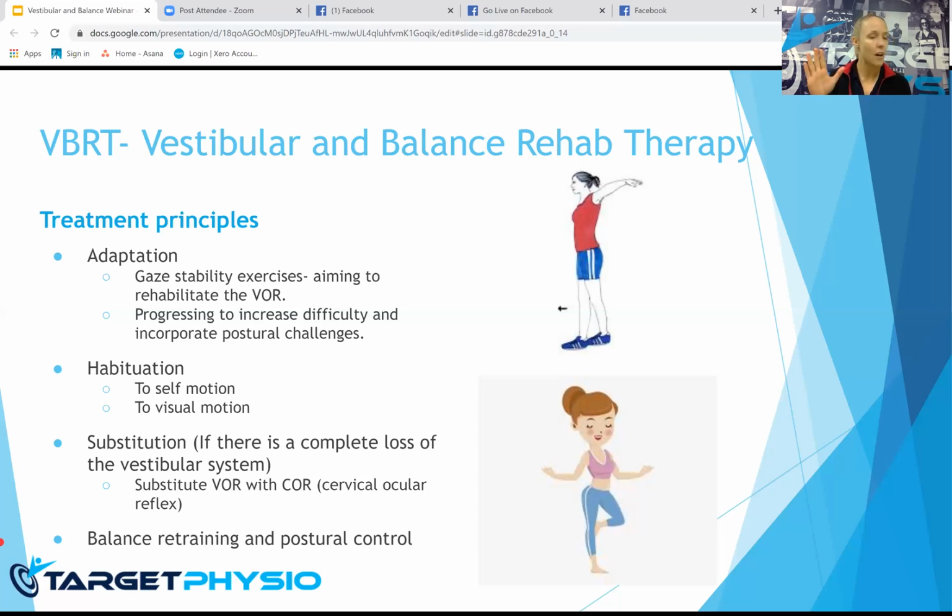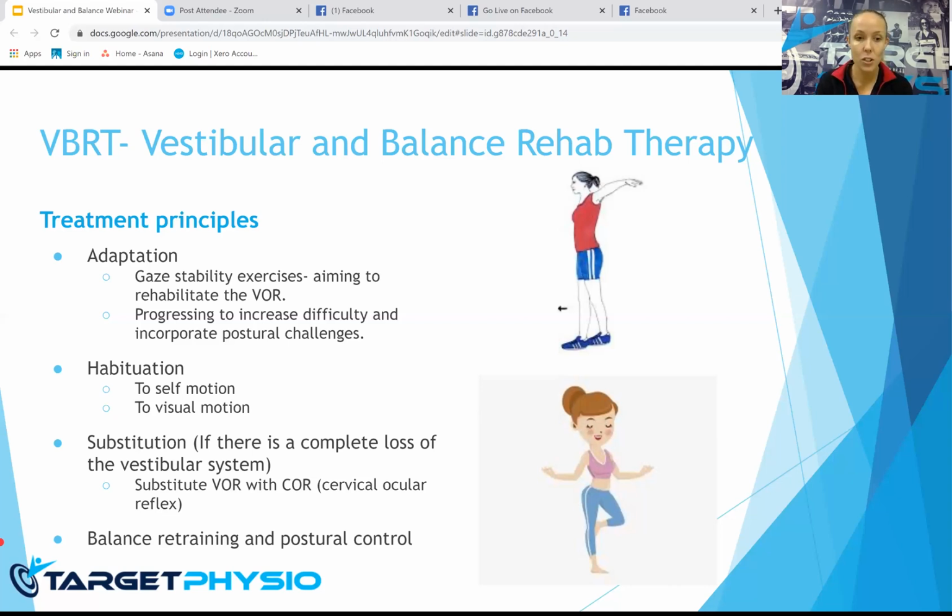So for example, with our vestibular ocular reflex that keeps our gaze stability, we can try to train our cervical ocular reflex. So the muscles in our neck have receptors that can help with that reflex. It's much slower, but it's better than not having anything to help you with that gaze stability.